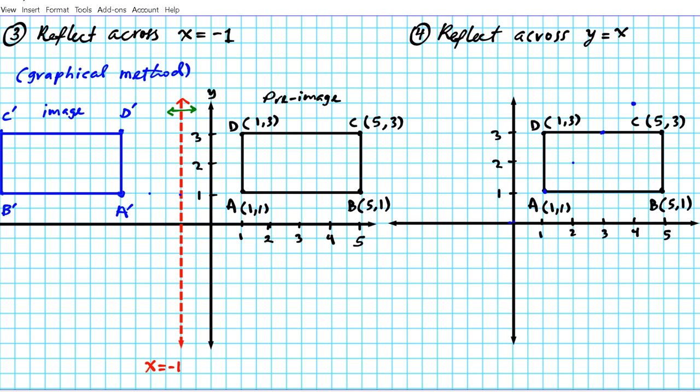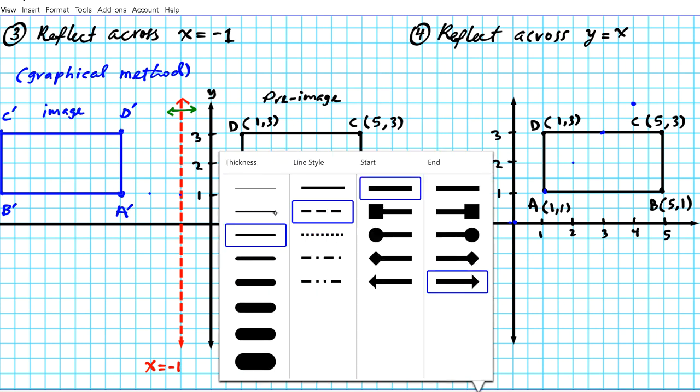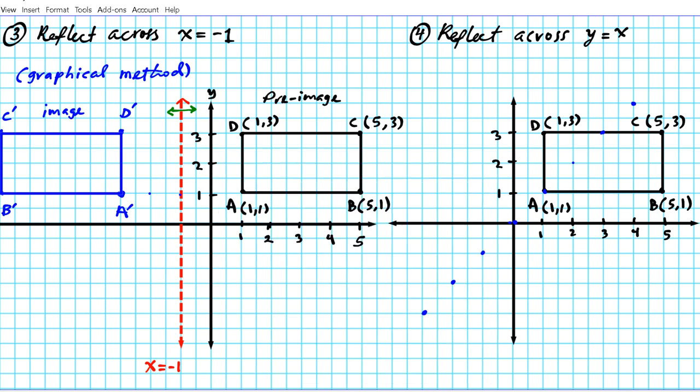So you just split the coordinate system perfectly down the center with a diagonal line, and that's what your line of reflection is going to be. Okay, all right, so let's draw that in. Let's make it blue, a little bit skinnier. Okay, so there goes our line of reflection.